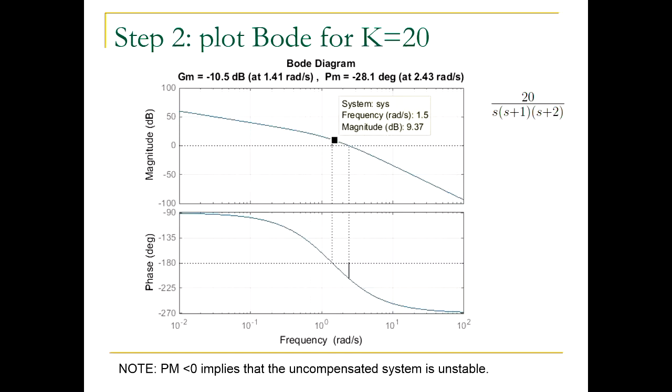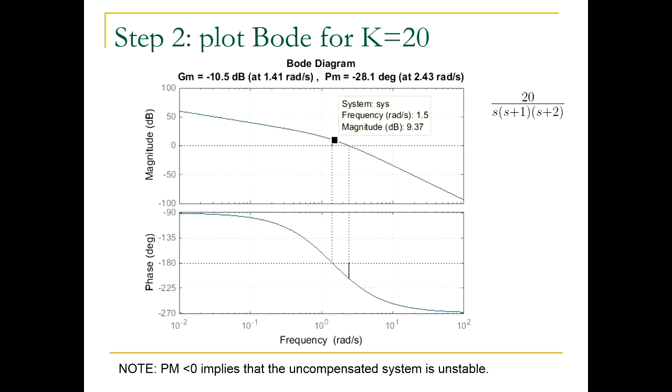He's saying, let me pick this frequency, 1.5, as the frequency I would like to enforce through compensated design to be the crossover frequency for the compensated plot, which means that the gain characteristic should cross 0 at that frequency.